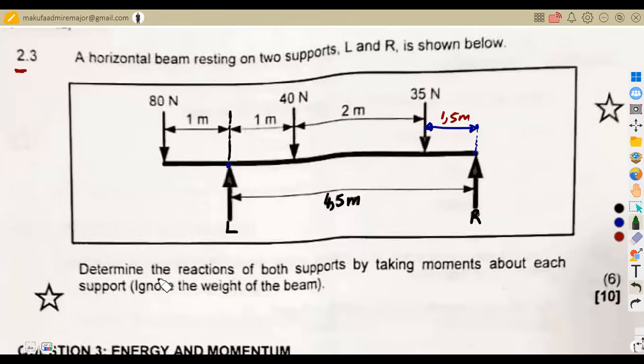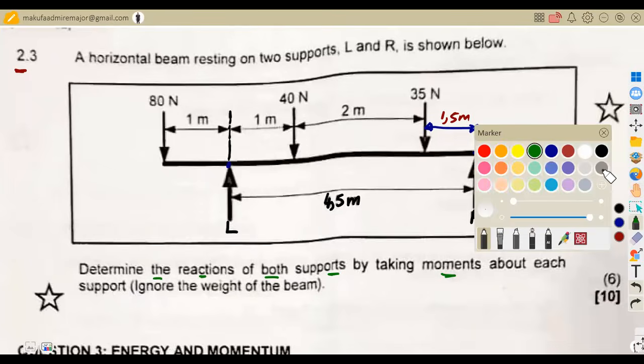So our question was to determine the reactions of both supports by taking moments about each support. So you're supposed to take moments about L, and we take moments about R, about each support that we are given in this case. That is the question, about each support. All right, so let us consider the first part.